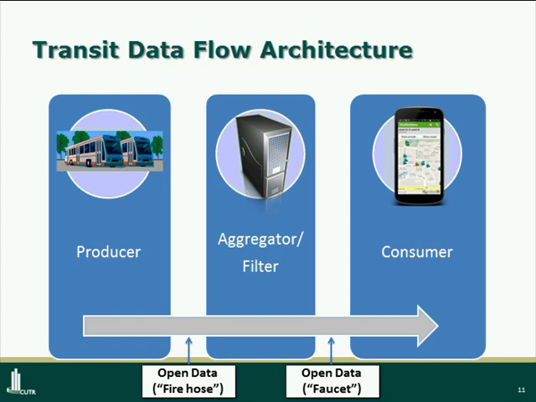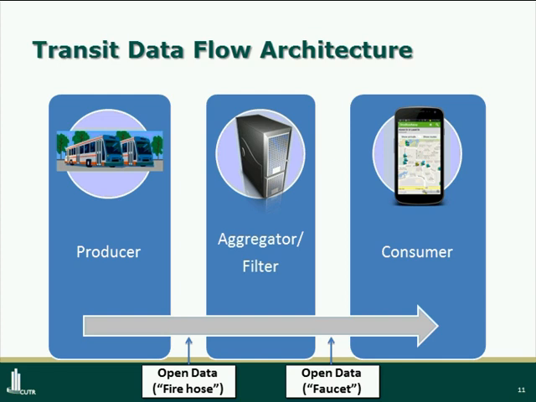In the middle, we have an aggregator or a filter, and this is typically a server-side system which takes all the information and the complete state of the transit system and then is able to chop that up and serve it out in smaller pieces to the consumer tier based on what the consumer tier wants.